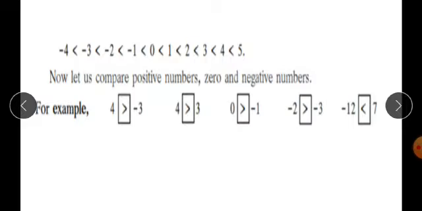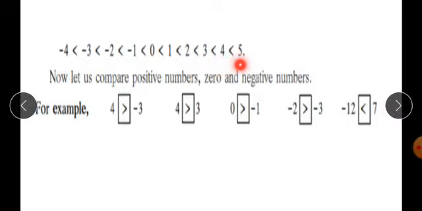Now, if you look at the above number line, it is clearly seen that minus 4 is less than minus 3, minus 3 is less than minus 2, minus 2 is less than minus 1, and minus 1 is less than 0. This shows that all negative numbers are always less than 0. 0 is less than 1, 1 is less than 2, 2 is less than 3, 3 is less than 4 and 4 is less than 5.